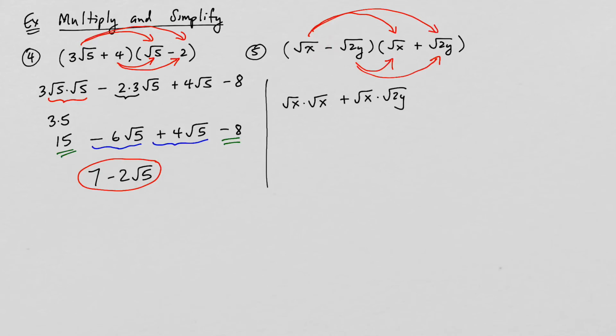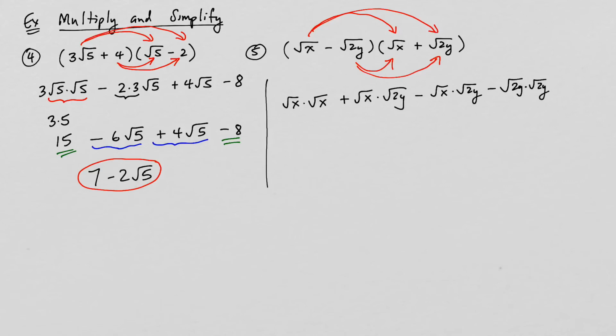And then minus radical 2y times x. And I'm going to write that as minus radical x times radical 2y. And then finally, negative radical 2y times positive radical 2y will be negative radical 2y times radical 2y.